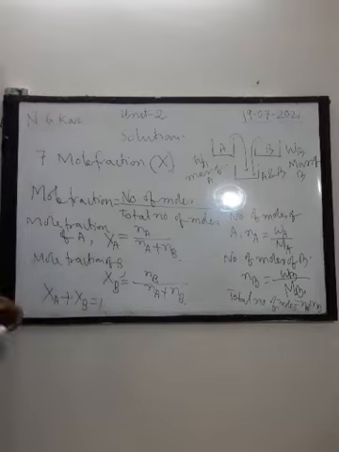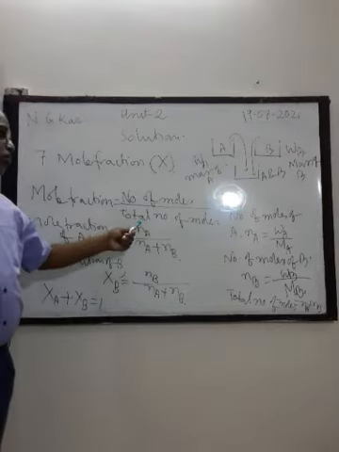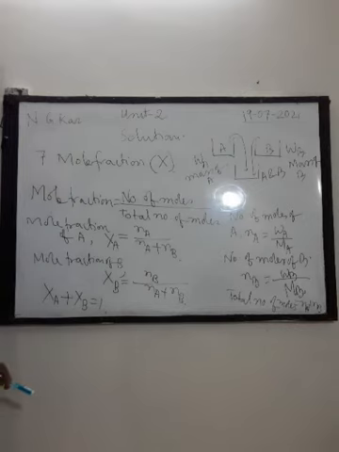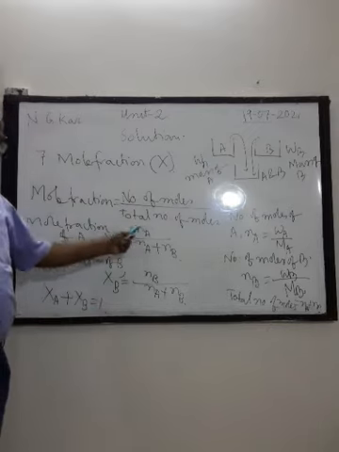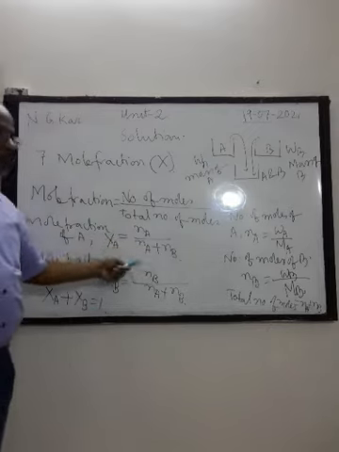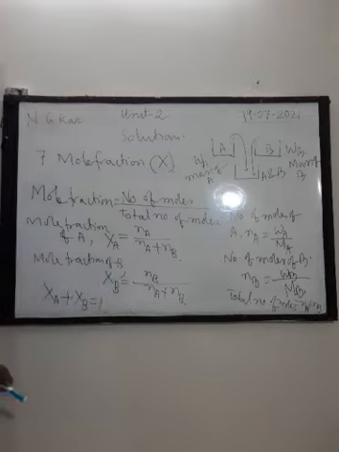So again, what is mole fraction? Mole fraction is the ratio of number of moles by total number of moles. Now mole fraction of A, which is denoted by XA, equal to number of moles Na, total number of moles Na plus Nb.